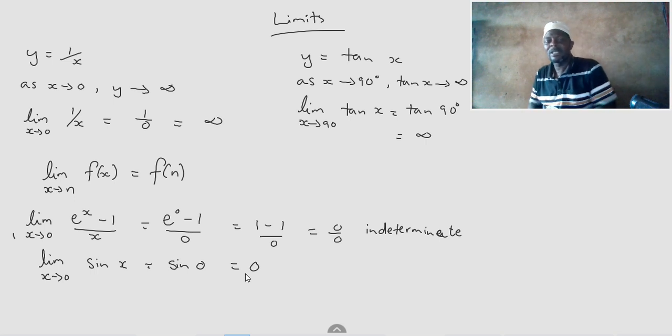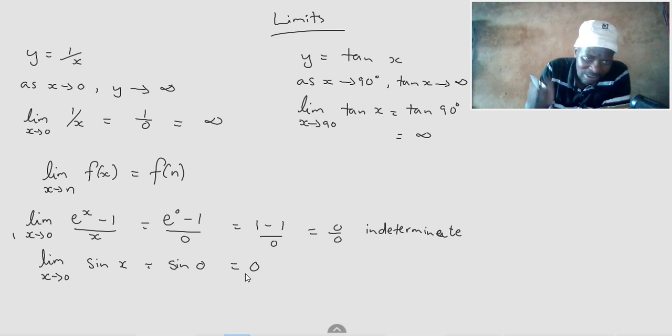So the limit as x tends to 0 of sine of x is what sine of x becomes when x becomes 0. That's straightforward.